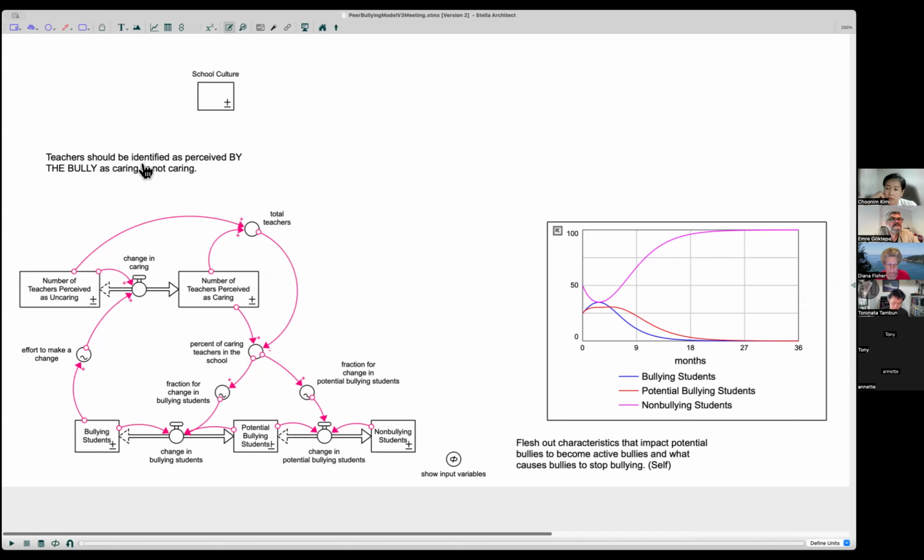Another participant said the number of teachers perceived as uncaring should really say the number of teachers perceived by the bullies as uncaring, not by all students, because it's really the bullies we're trying to impact. And if the bullies perceive the teacher as uncaring, then that's going to be a problem that is going to keep them bullying because there are too many uncaring.